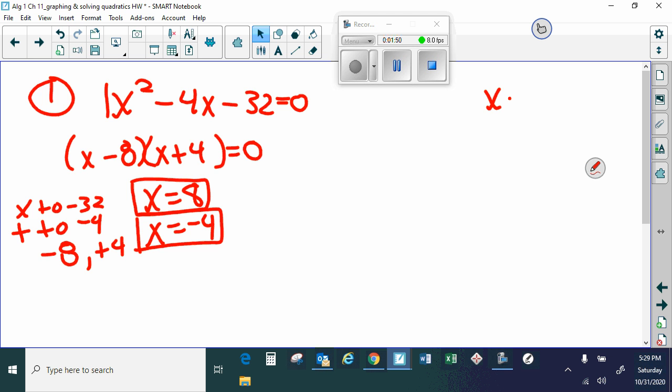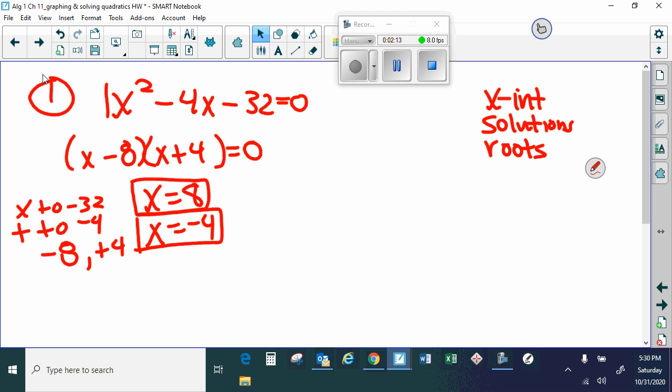Okay, so x-intercepts, solutions, roots, what did I say the fourth one was? Now I just lost it.